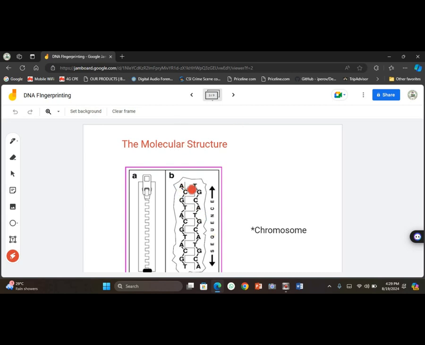Look at it: AT, CG, GC, TA, like that. That is how the sequence moves.